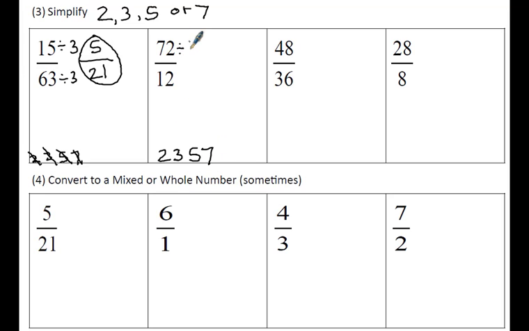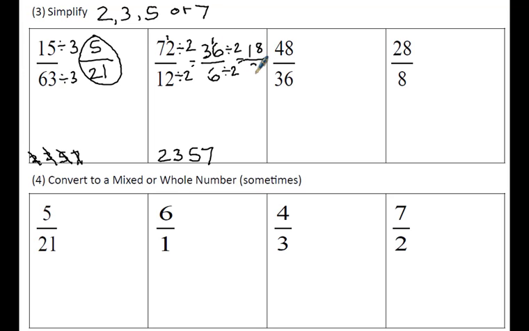I see that they're both even, so I'm going to divide by 2. And 72 divided by 2 gives me 36, and 2 goes into 12 6 times. Now I'm not done with 2. If they're even and I could divide by 2 again, I want to keep on using that 2 until I can't divide any longer.